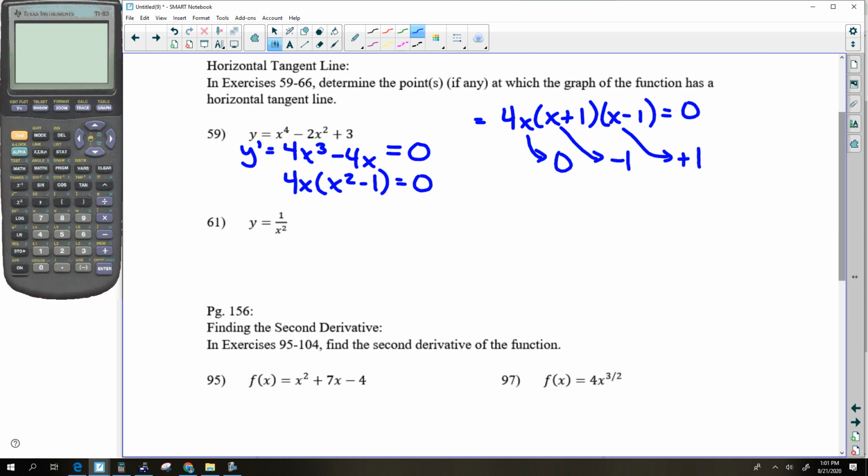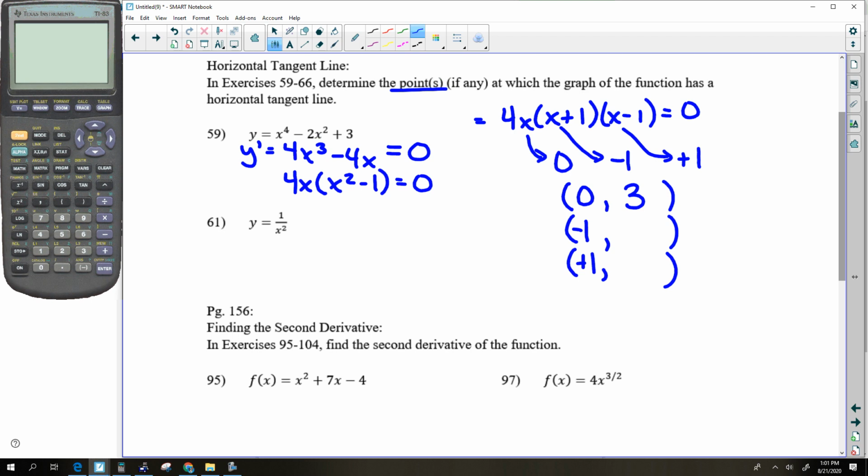Those are the x's. I'm not sure how specific they really want. They say determine the points. So finding the x value is usually good enough, but if they want to know the actual point, you plug back into the original equation, and that will be the point at which there will be a horizontal tangent line.